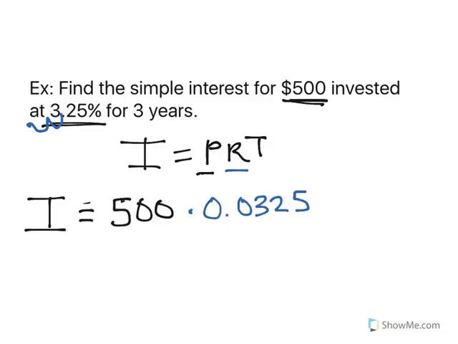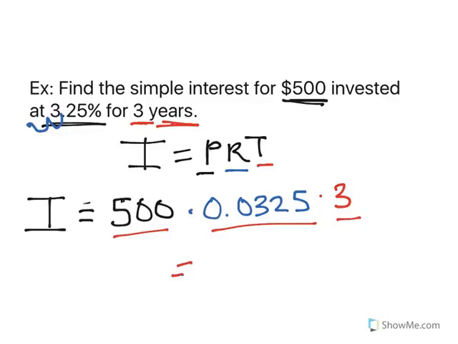Now my time, T, is 3. And it's already in years, so I don't have to do any conversion. So I'm going to multiply this by 3. So you can definitely use the calculator on this. You're going to take your 500, that's your principal, times the interest rate, which is 0.0325. And then we're going to multiply that by 3, which is our 3 years.